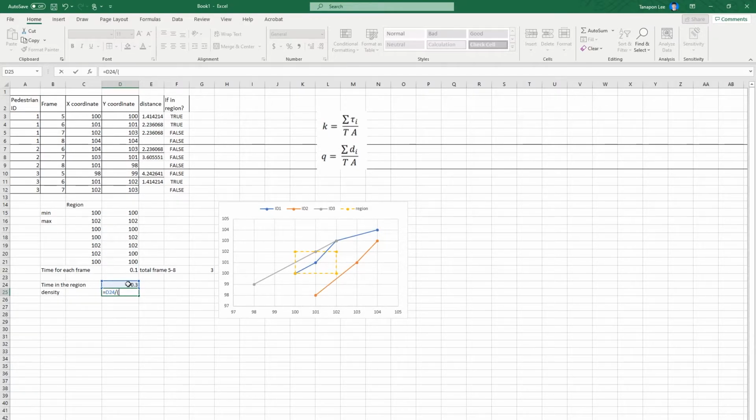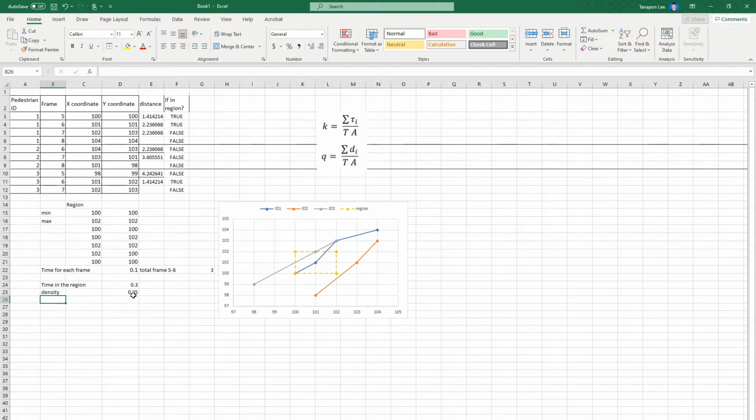This capital T is 0.1 times 3, that's 0.3, and then A is 4. So the density for these 3 time frames is 0.25.